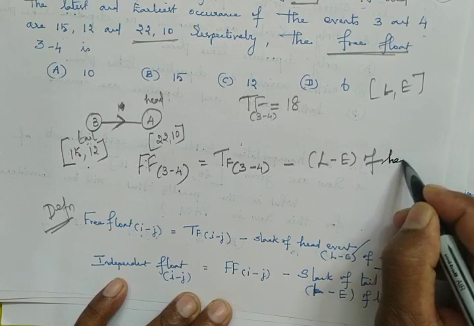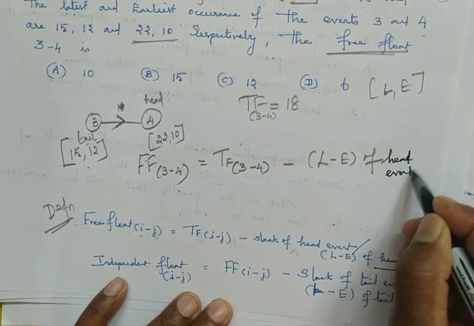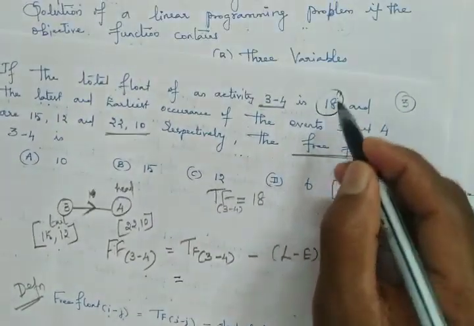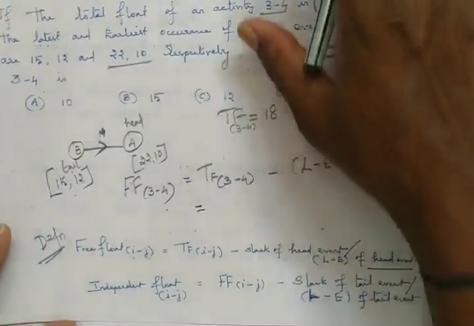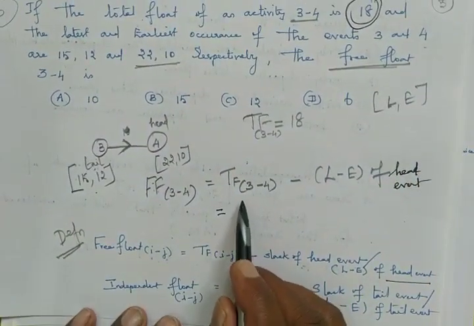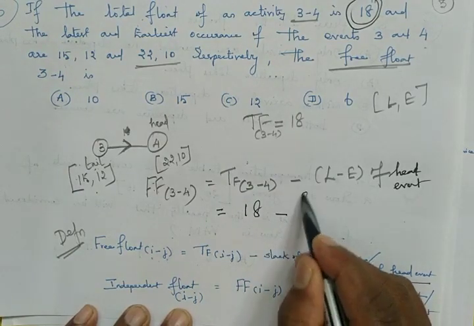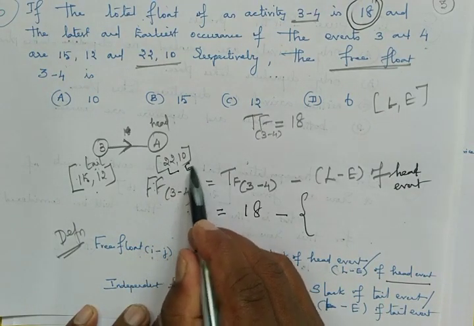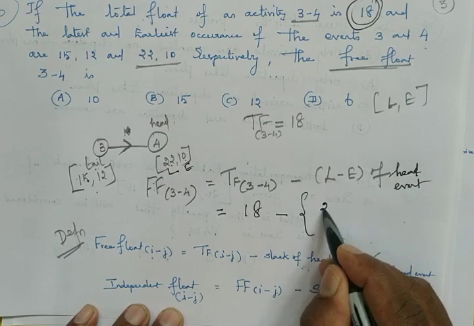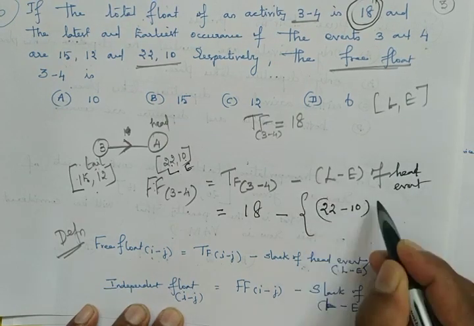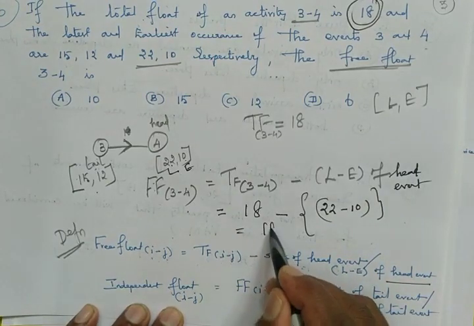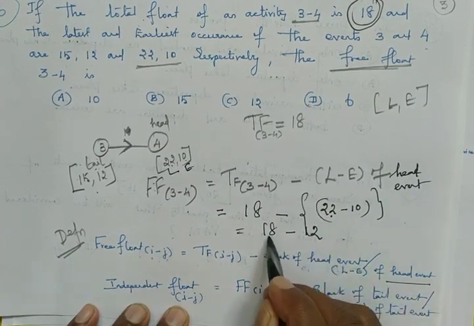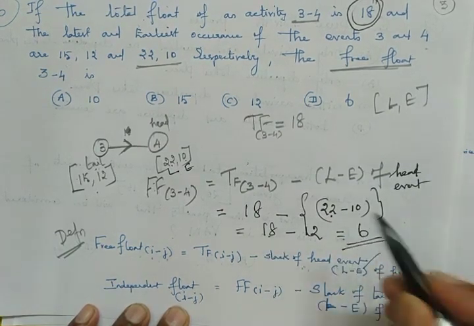L minus E of the head event. The total float of 3 to 4 is given in the problem itself. So the free float of 3 to 4 is 18 minus L minus E of the head event, which is 22 minus 10. 22 minus 10 is 12, and 18 minus 12 is 6.